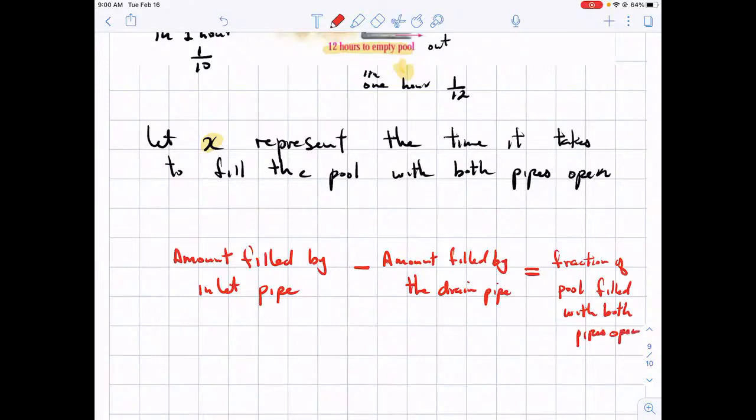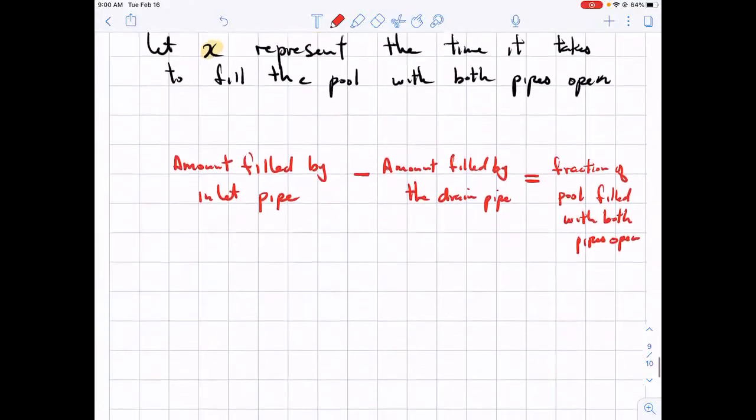The difference of the two is what's going to happen here. Now, we don't know this here. This is an unknown, right? That's just X we said. Because X represents the time it takes the pool to fill with both pipes open.